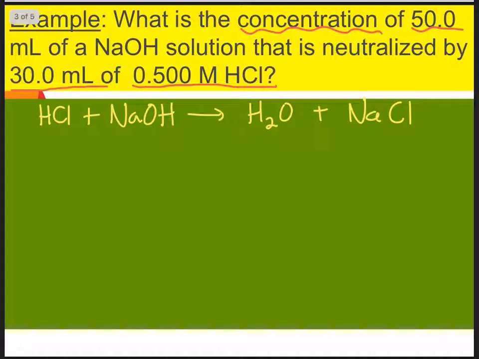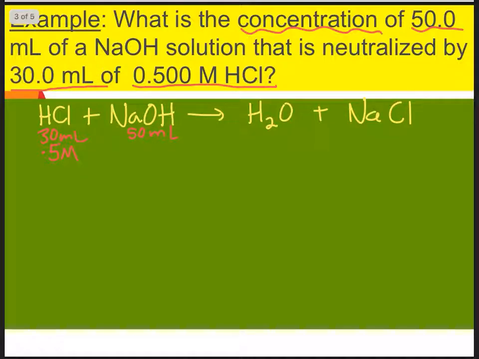Everything is balanced. You need to balance your equation. I am going to then write what I know underneath each one. I know that I have 50 milliliters of NaOH. I know that I have 30 milliliters of a 0.5 molar solution of HCl.